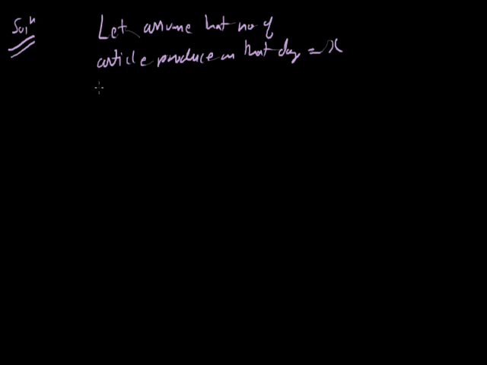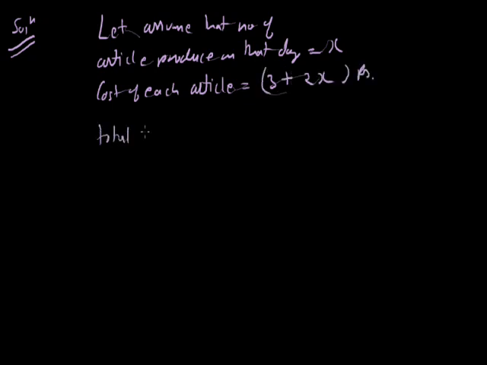The total cost of production can be found by multiplying the number of articles into the cost of each article. So x into (3 plus 2x), which is given to us, equals 90 rupees.